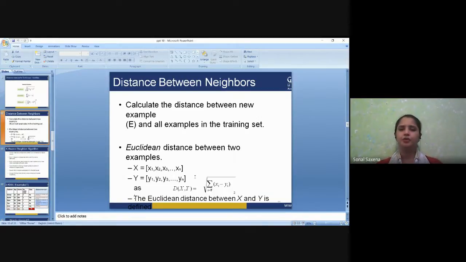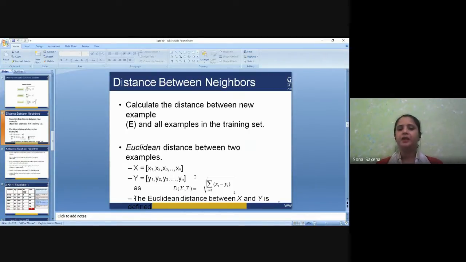We calculate the distance from the new instance to all the other objects residing around it. Suppose my object is lying at this point and all the other neighbors are residing at other points; I calculate the distance of my new point to each and every neighbor lying around it. For measuring these distances, I can use all three distance measures I told you about: the Manhattan, the Euclidean, and the Minkowski distance measure. All of them can be used.